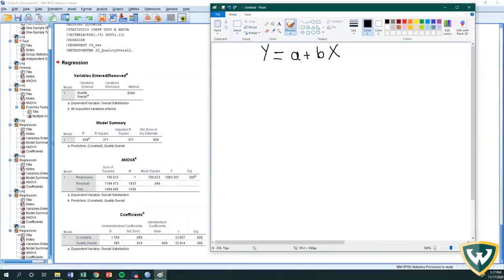So A is your constant, in which case here it is 1.568, and then B is the slope in this case for your X variable, quality overall, and it's 0.585.